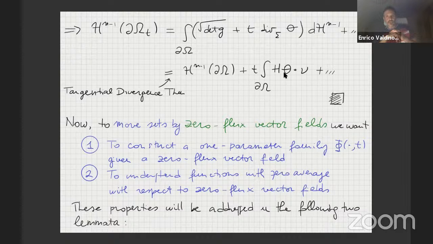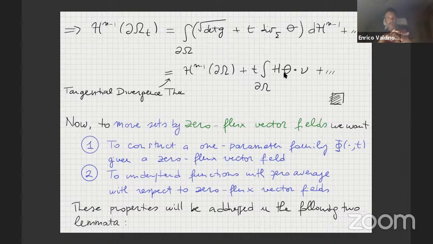So this is a little bit tricky, of course, because I'm somehow prescribing these vector fields only along the boundary of omega, but then I want to move the full set omega, not only the boundary. So I need a way to create a nice diffeomorphism using only the vector fields at the boundary.